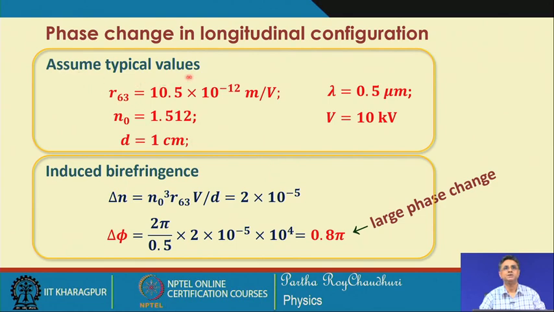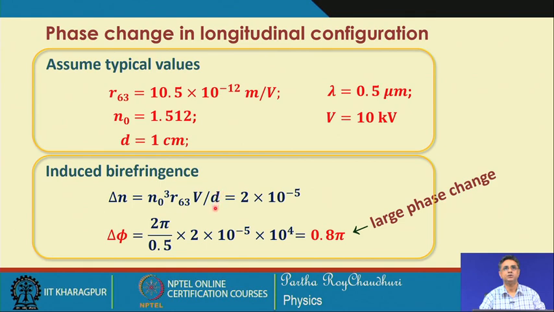So, let us assume these typical values for r 63, which is 10 point, that is at this wavelength, and V equal to, let us suppose, 10 kilovolt. If we apply this much voltage across a crystal of, this D should be L, equal to 1 centimeter, in that case we can calculate the birefringence.